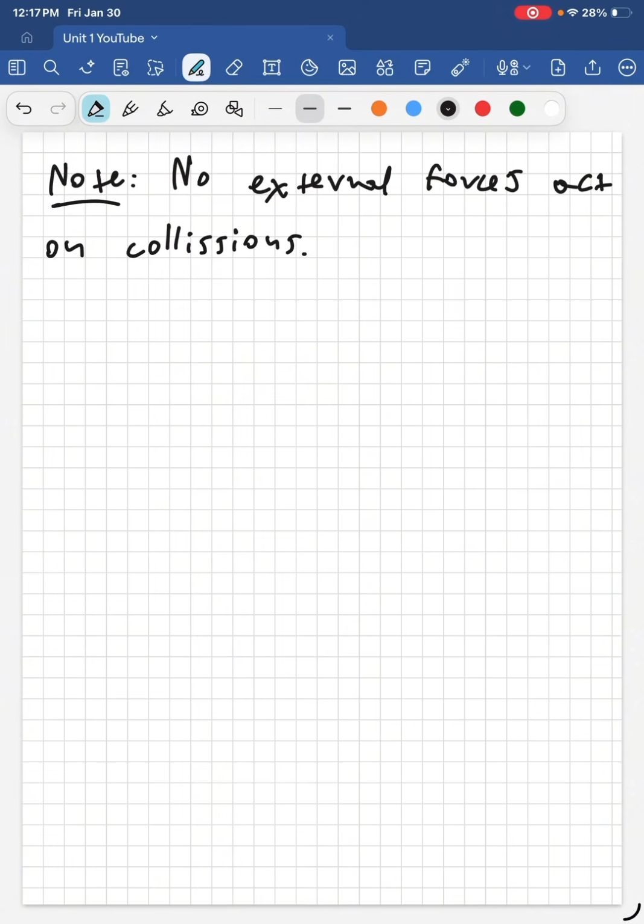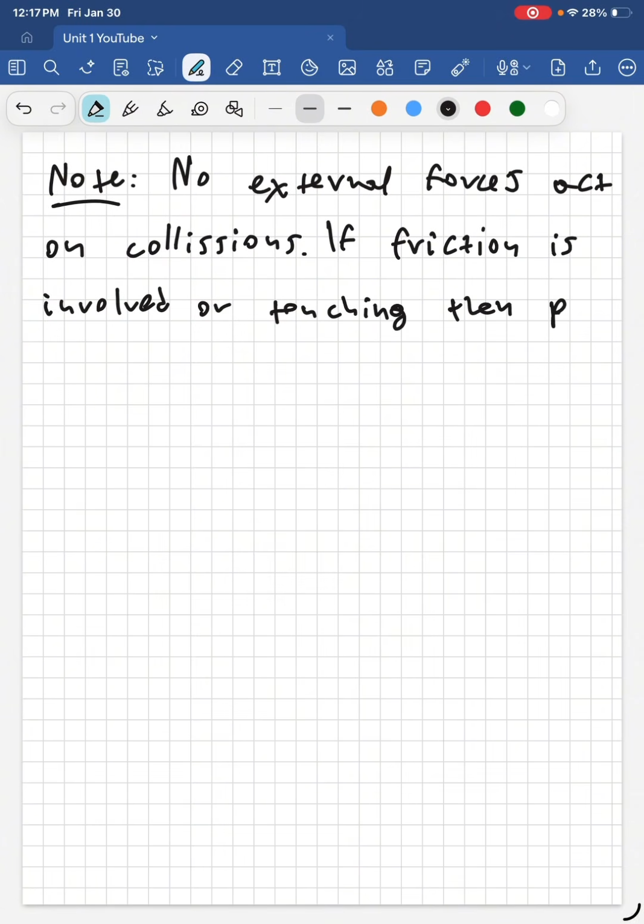If friction is involved, for example, or touching one of the objects or something like that, then P is not conserved.